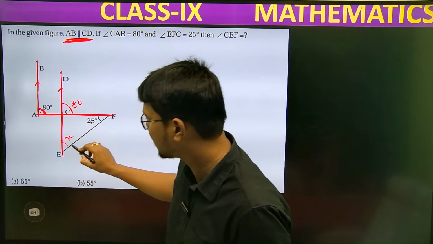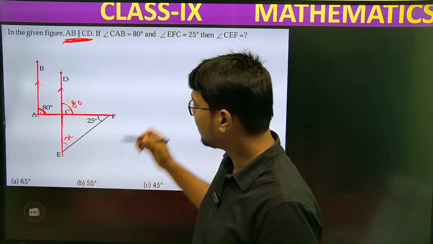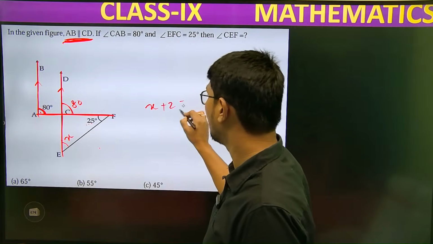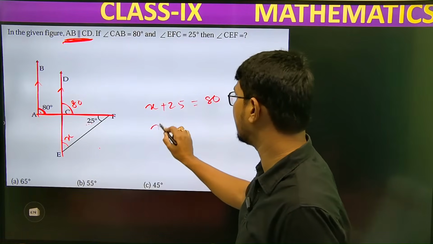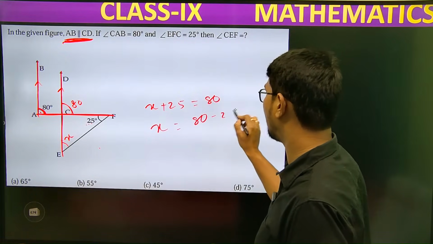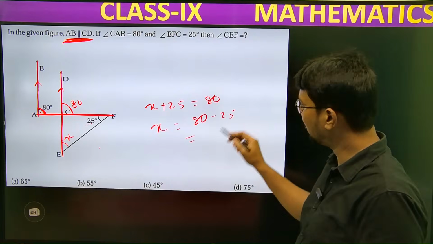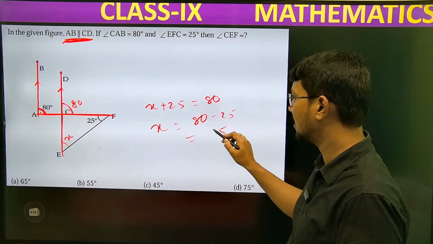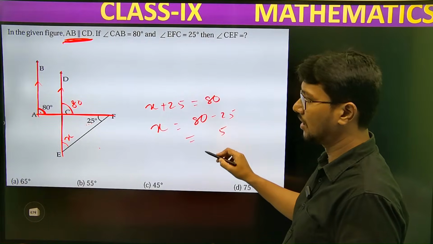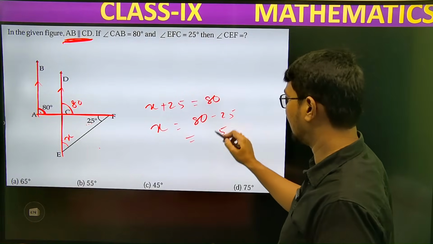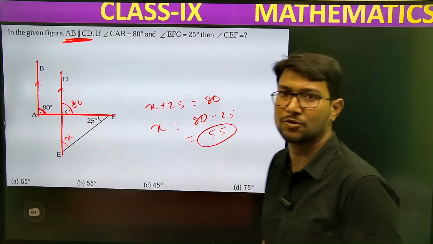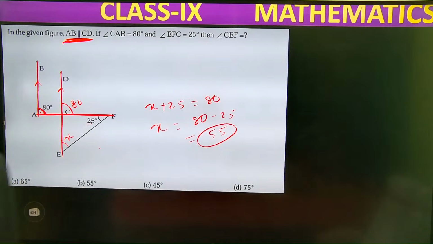By the exterior angle property, x plus 25 equals 80. Hence x equals 80 minus 25. How much is that? 10 minus 5 is 5. Here 7 minus 2 is how much? 5. 55 is the correct answer. Those who have given 55, clap for yourself.